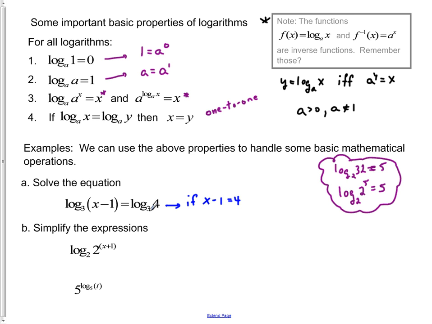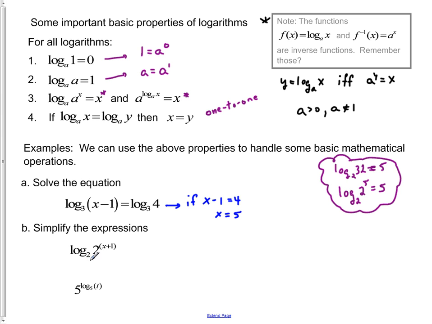Whatever the logarithm base 3 of 4 is, it has to be true for both numbers, and it's only true if, in this case, x would equal 5. So that we would have the logarithm base 3 of 4 is equal to itself. It's a one-to-one function.